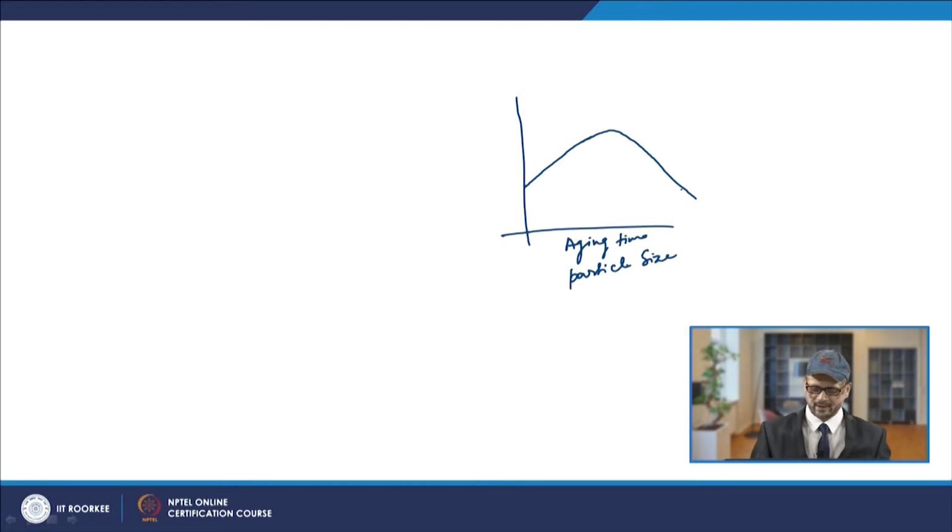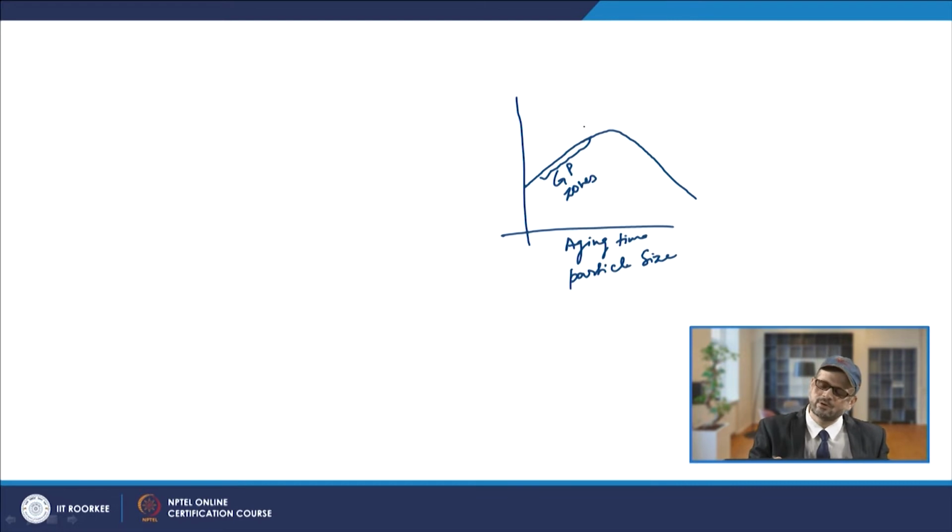Then he saw that this initial clustering produces local strain, and in that case he found the zones, so that is why this is known as GP zones. Now, he came to different stages.